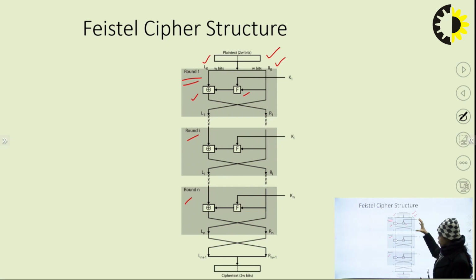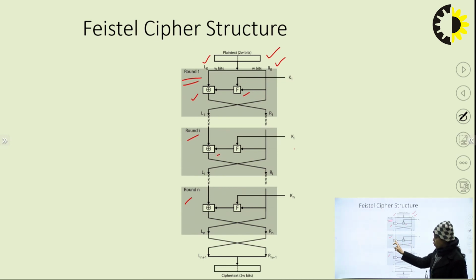So here again, just repeating the first round, the bits which are coming from the previous one, meaning the output of the previous one, will act as the input to this next round. These R bits will again go to the Feistel Cipher function. Here, these bits are directly coming to the round process for this XOR function.